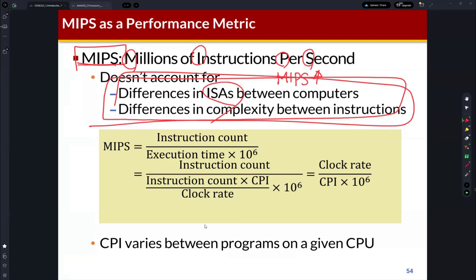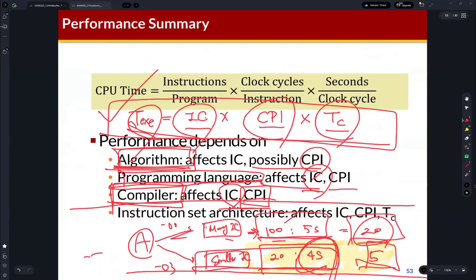By definition, the performance is the inverse of execution time. So this is the definition, right? And in order to use the MIPS, we need to consider the same ISA and the same compiler options, right? Because the execution time is calculated by instruction count multiplied by CPI and multiplied by TC.